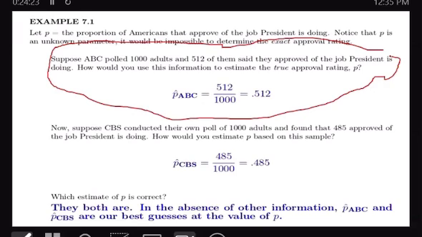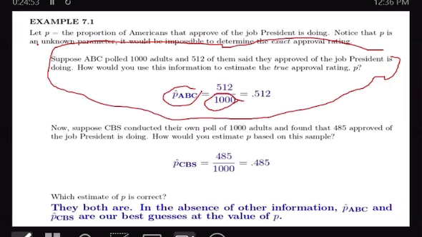They expect a response of yes or no. They count the number of yeses, and they find that 512 approve the job the president is doing. Because we're making use of a sample, you're going to see a P-hat. When you see a cap on P, that's an estimate of the proportion.